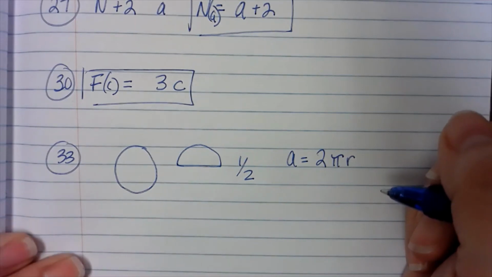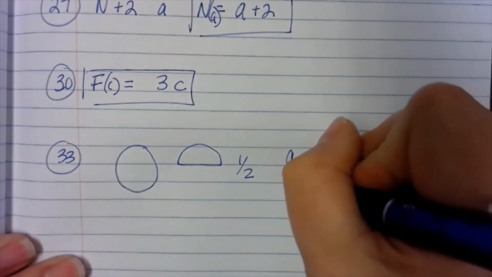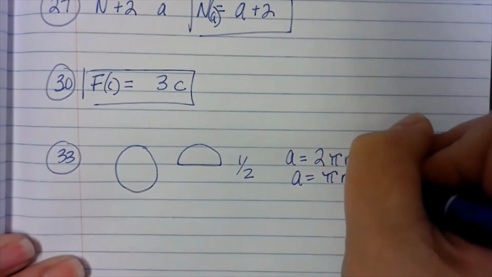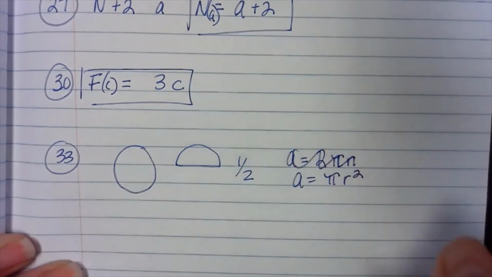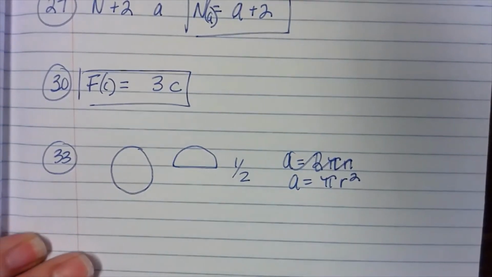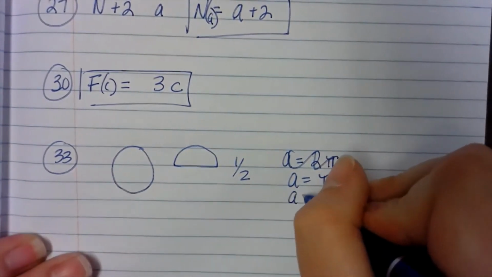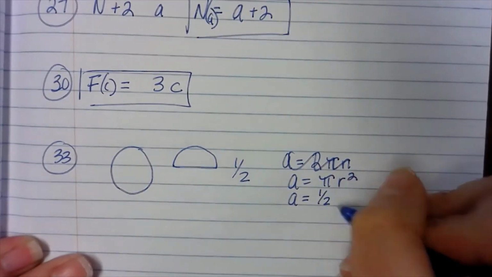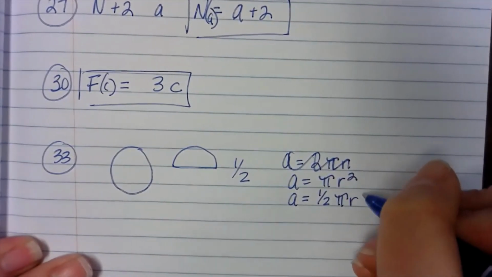If I am looking at, that's a digital drawing. Oh, no. Area is equal to pi r squared. Okay, but I only want half because it's a semicircle. So I'm going to take area and I just want 1/2 of pi r squared.